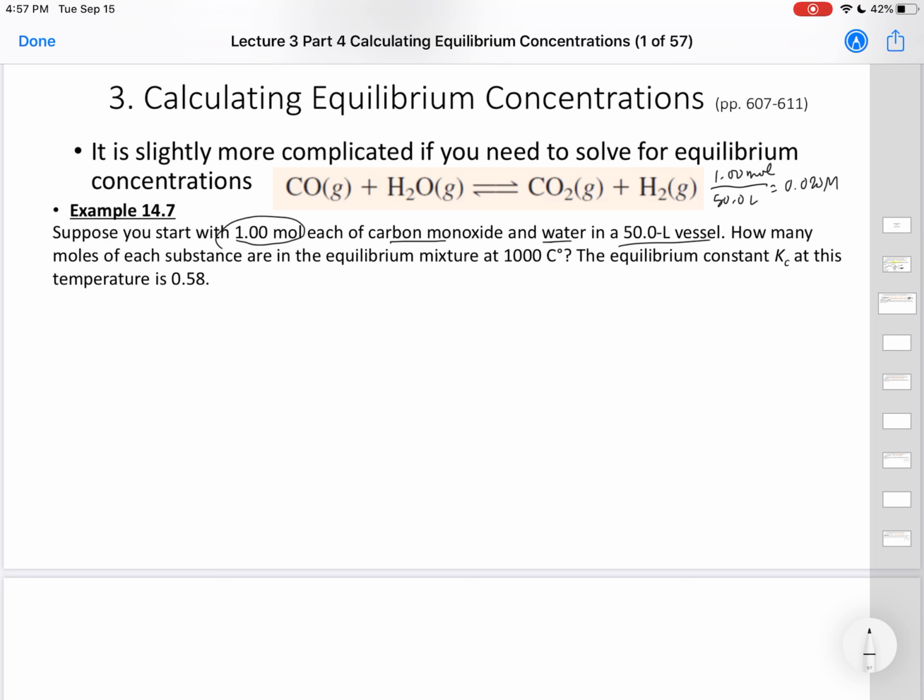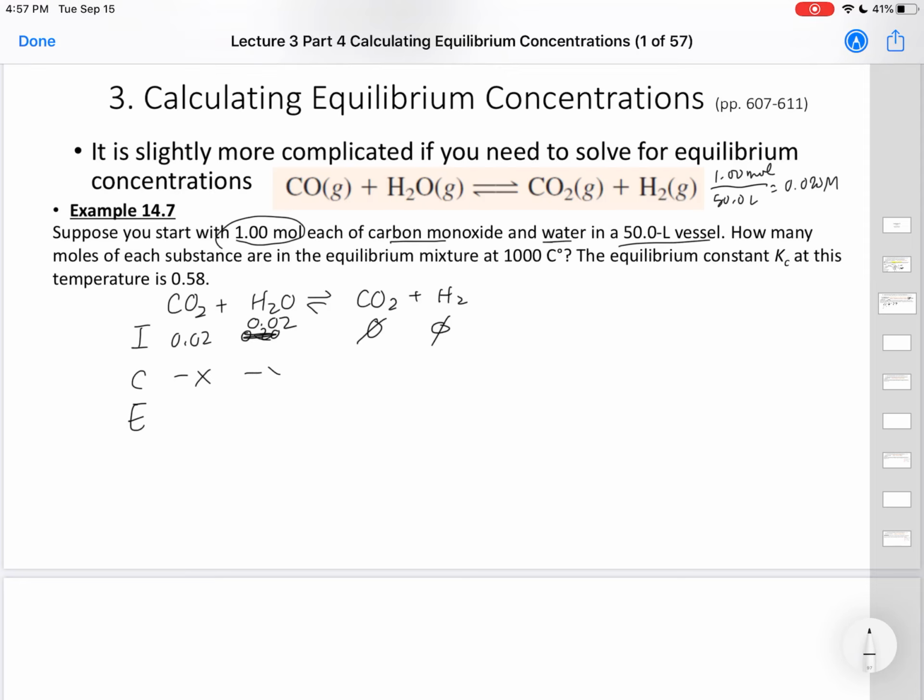So really what we're going to do is set up our ICE table, with our CO, our H2O, and our CO2 plus H2 gas. Initially we do have 0.02 of the CO and H2O, and you have no carbon dioxide or H2 because they're the products.